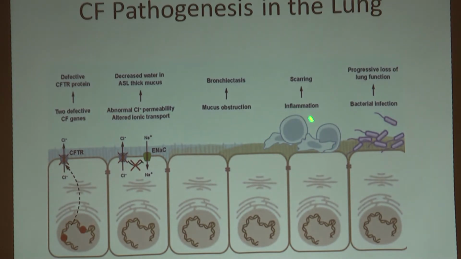There's also some evidence that inflammation can occur in the absence of infection because of damage to these cells lining the airway. They lack oxygen, they start to die, they release cytokines or chemicals that stimulate inflammation. So there's a number of reasons that inflammation occurs, but no doubt infection, inflammation, and obstruction are the three things that are driving this lung disease.